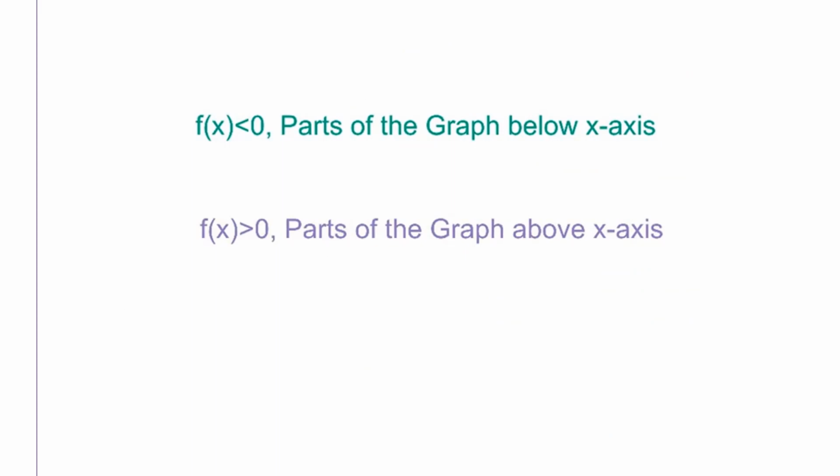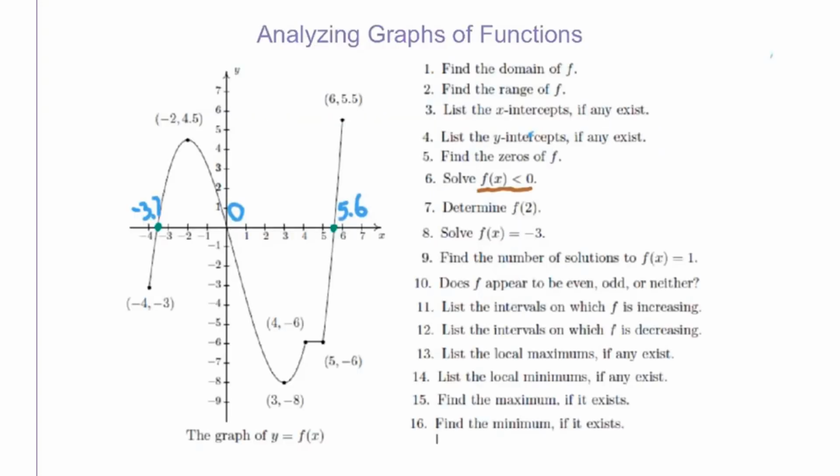In other words, for f(x) less than 0, we need to figure out the domain of the parts of the graph below the x-axis. When f(x) is greater than 0, we need the domain of the parts above the x-axis. So first, we need to find the parts of the graph below the x-axis.